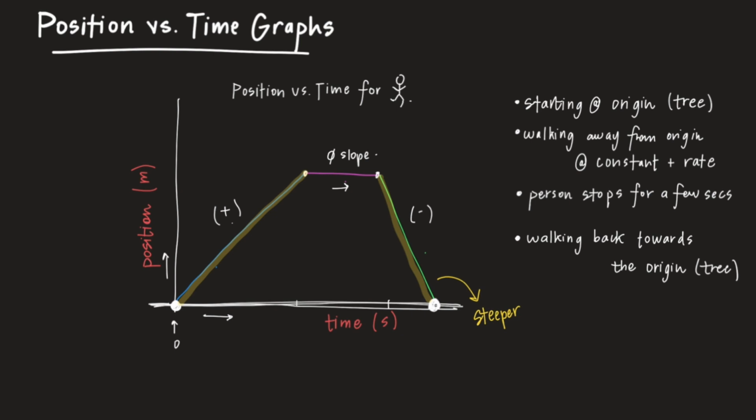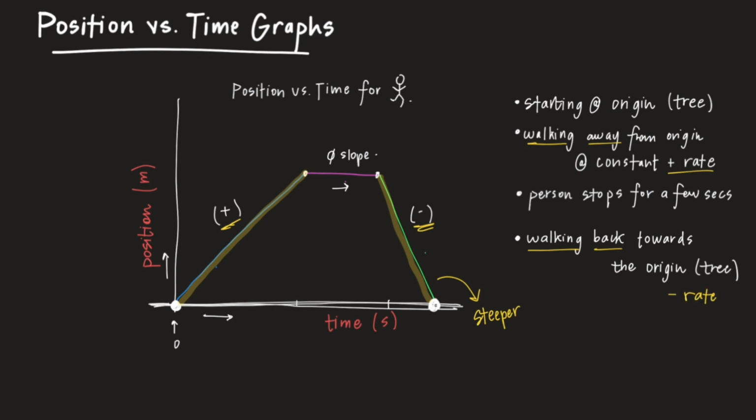And we only had a slope when the person was walking, when the person was moving. When we had that positive slope, the person was walking away at a constant positive rate. So they had a slope and they were walking. And when we had that negative slope, they were walking back towards the origin at a negative rate.